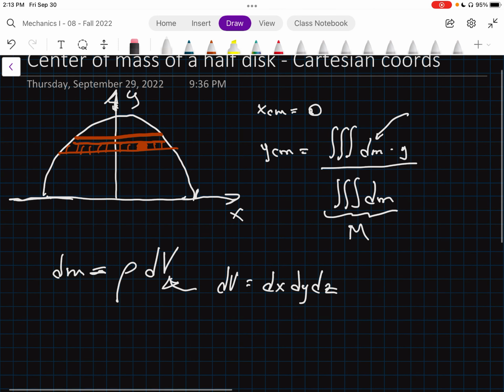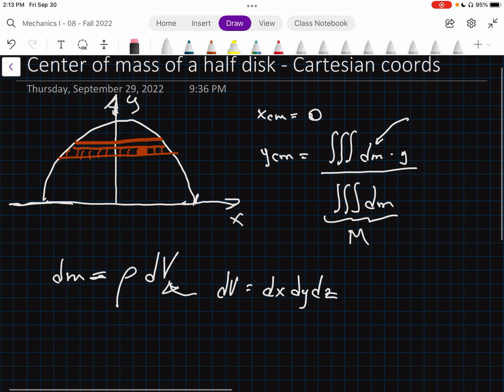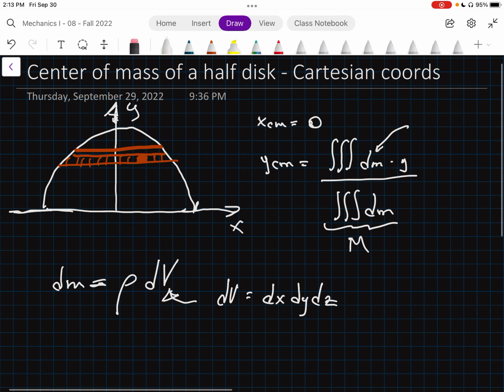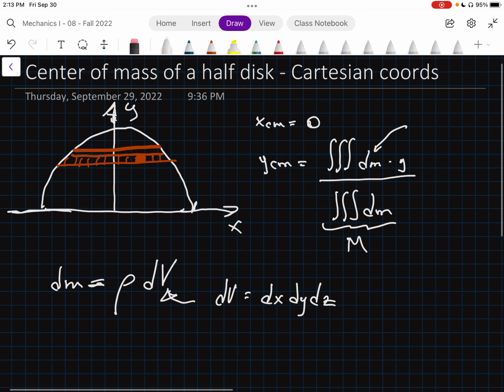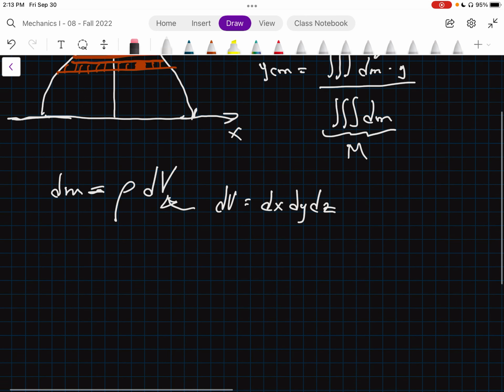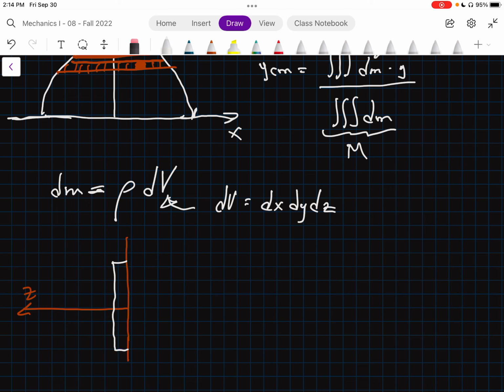Okay, so then the more challenging part of doing it in Cartesian is getting the limits of the integration correctly. So in the z direction, if we just draw what this might look like, if that's my z-axis, and I just took a side view of this disk, it goes out to some thickness t.